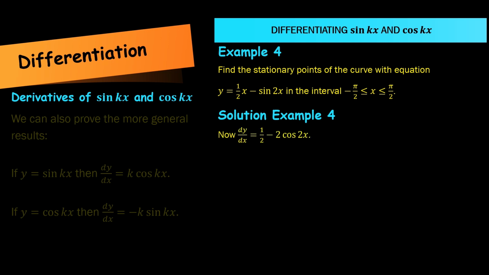If we differentiate the expression for y, we have that dy/dx equals a half, since differentiating a half x becomes a half, minus 2 cos 2x, since differentiating sin 2x gives us 2 cos 2x, with k equal to 2.